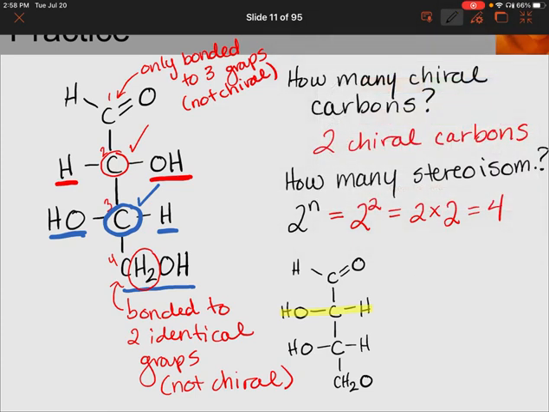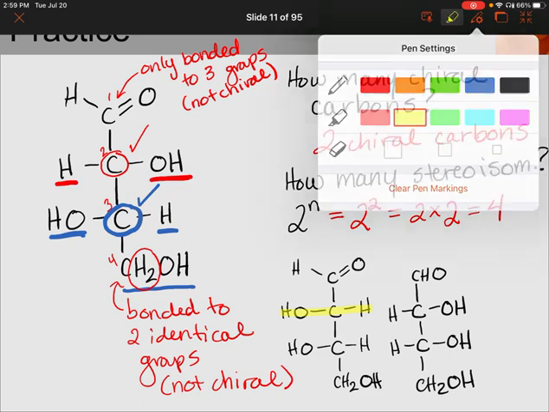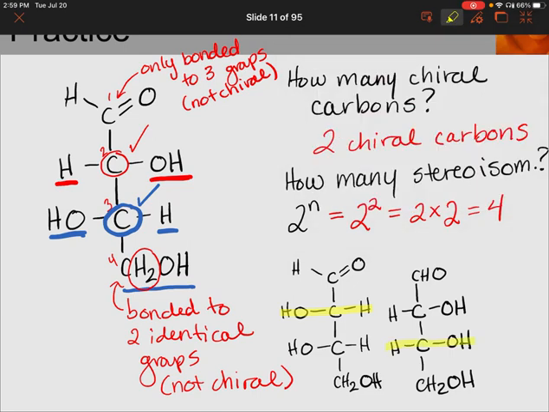Another version, I'm just going to abbreviate the aldehyde as CHO. Another version, the second carbon would stay the same, but the third carbon would flip its H and OH. Oh, I forgot the H on the other one. So that flipped.